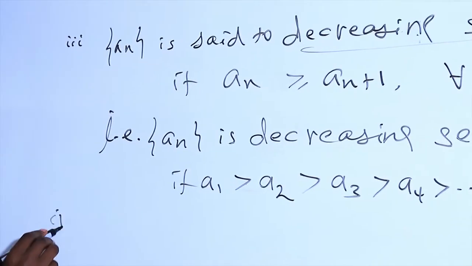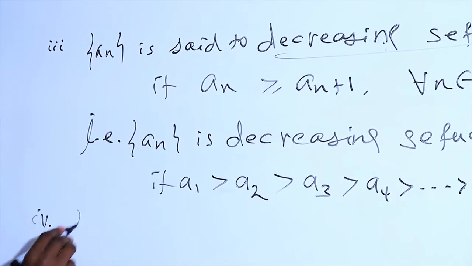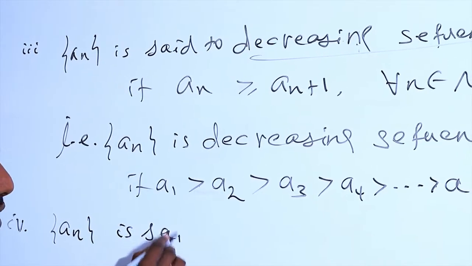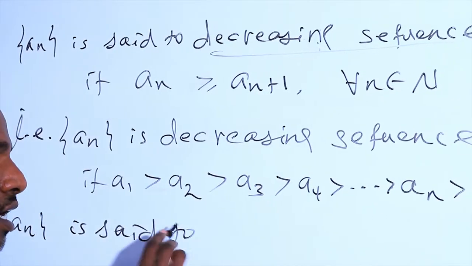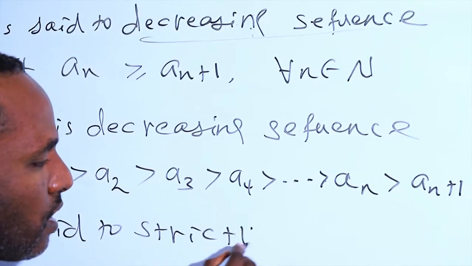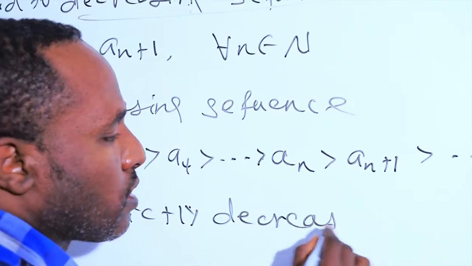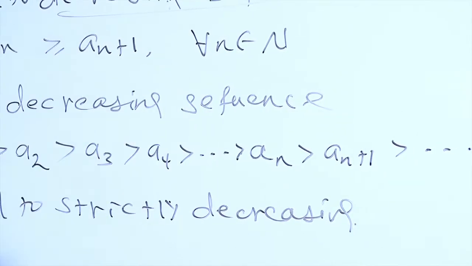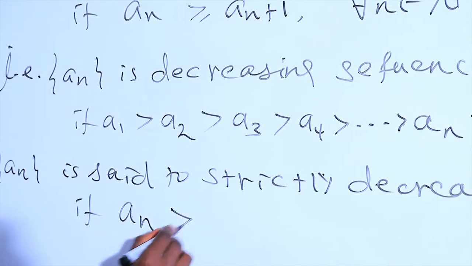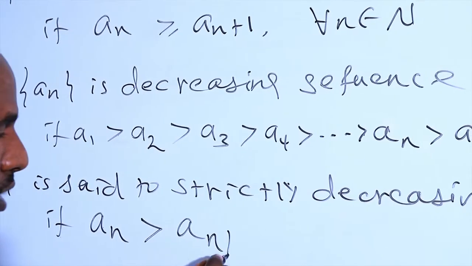In the other part, the fourth part, the sequence AN is said to be strictly decreasing if AN is greater than AN plus 1.